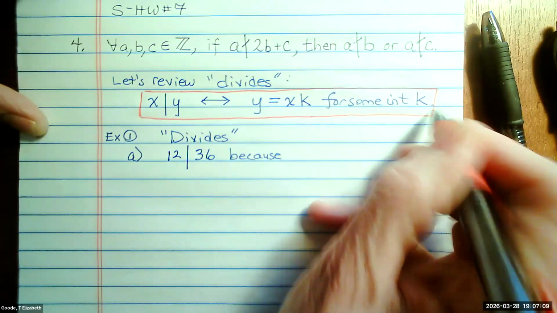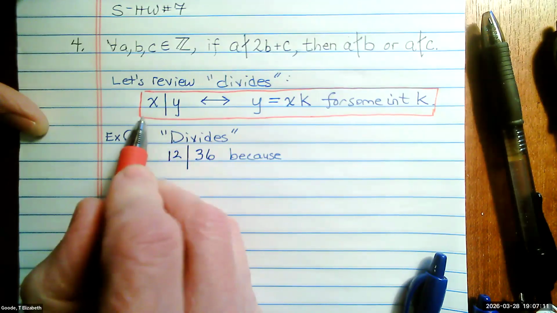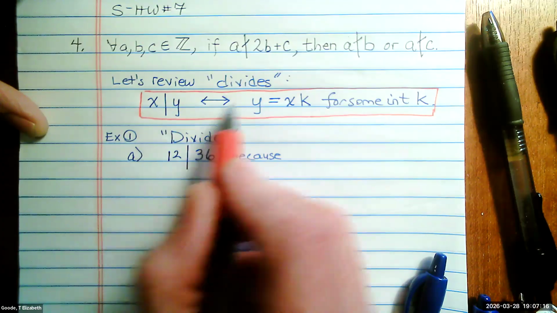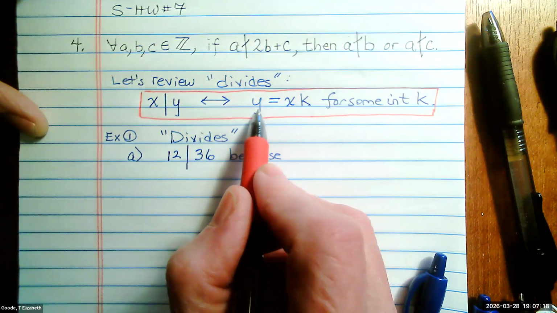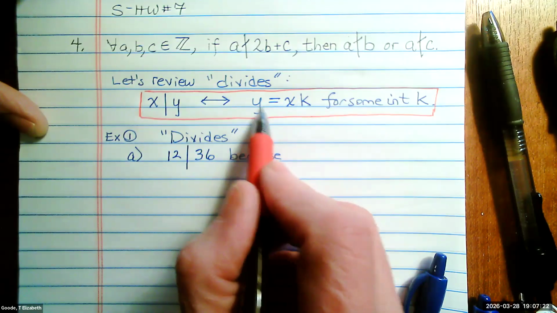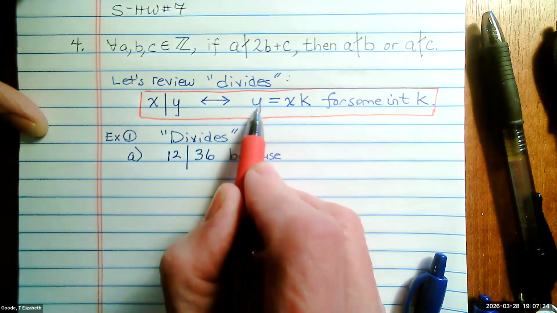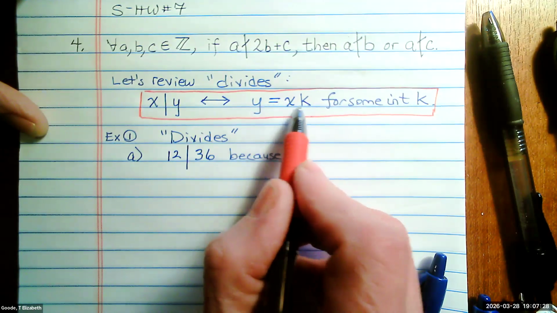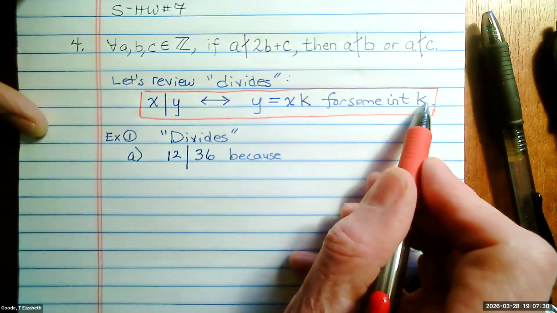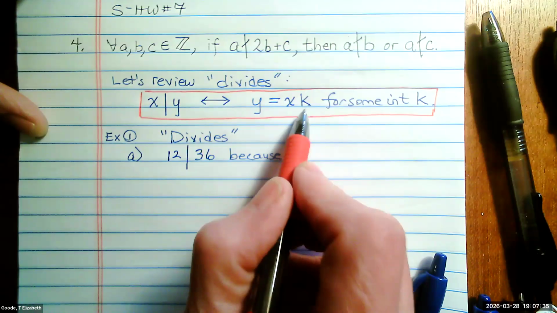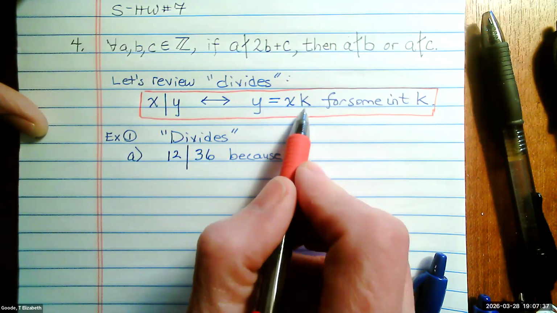Basically, it says X divides Y, or you can read it, X divides into Y, means Y is a multiple of X. Some whole number of copies of X fit into Y. That's what we mean when we say Y equals XK for some integer K. It means X fits into Y a whole number of times. This K is our whole number.